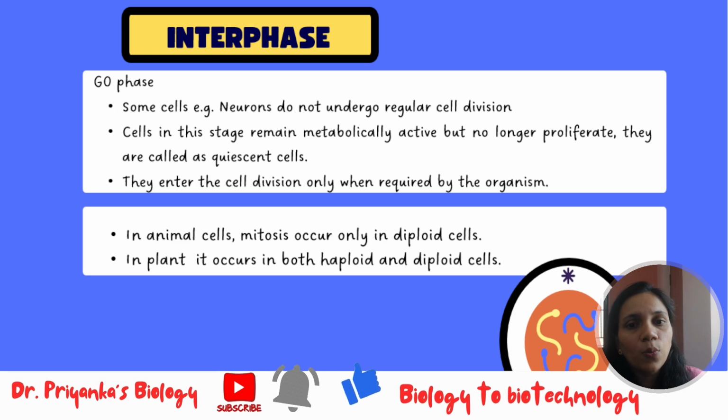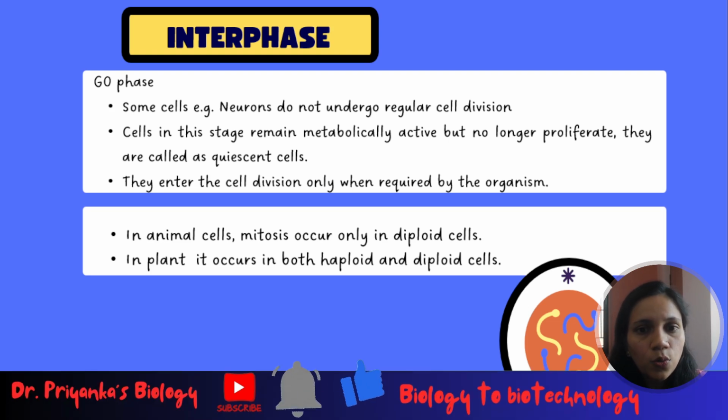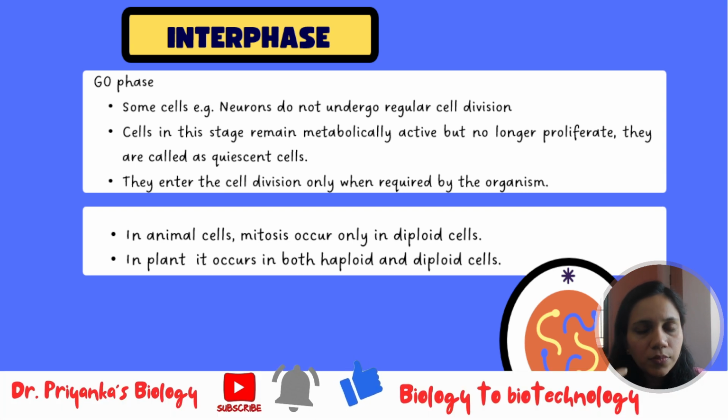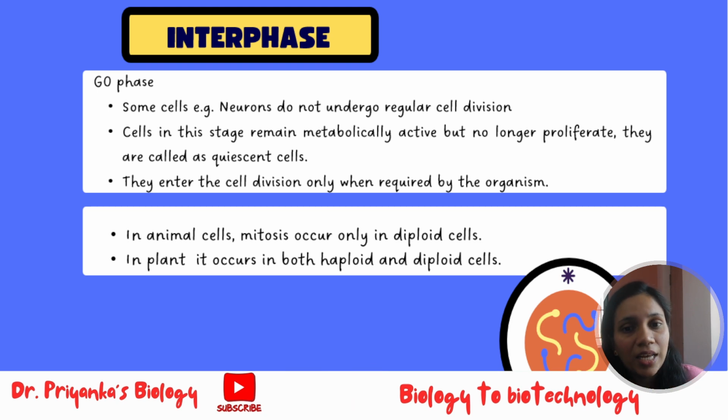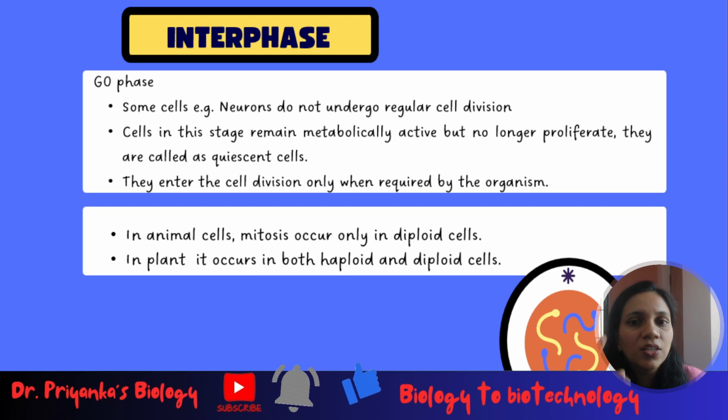So it is called the quiescent stage, or quiescent cells. They will enter cell division only when it is required. This is like the reserve force, like a reserve battalion. Only when there is requirement, these cells are going to enter the cell division.